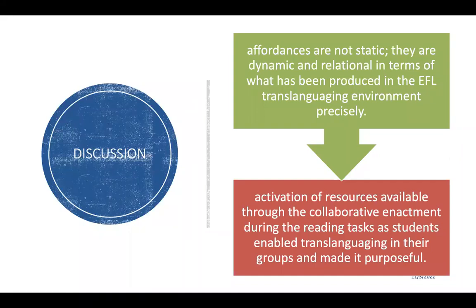They are dynamic and they are relational in terms of what has been produced in the EFL translanguaging environment, precisely. So by activating such resources that are actually available through the collaborative enactment during the reading task, students were able to enable it in their groups, and they were the ones that made translanguaging purposeful.